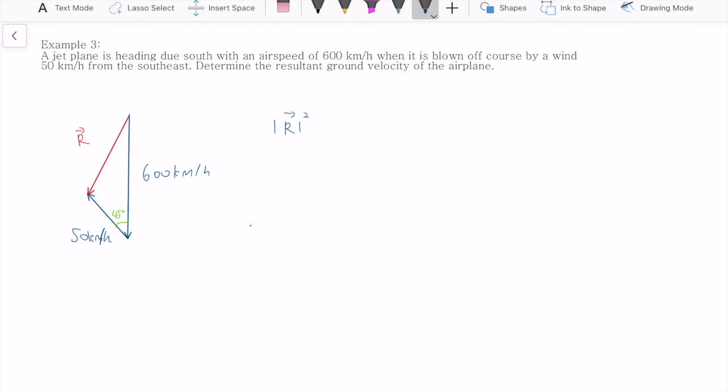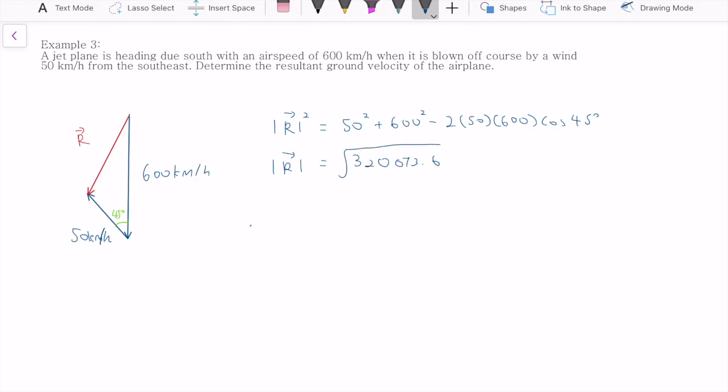So r squared equals 50 squared plus 600 squared minus 2 times 50 times 600 cos 45 degrees, which is the angle between, and then equals around 32003.6.